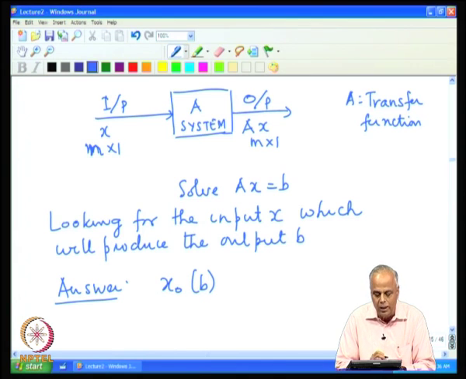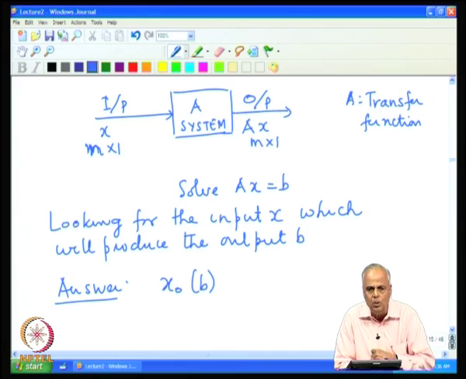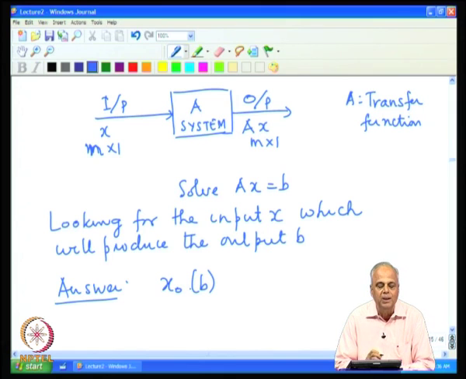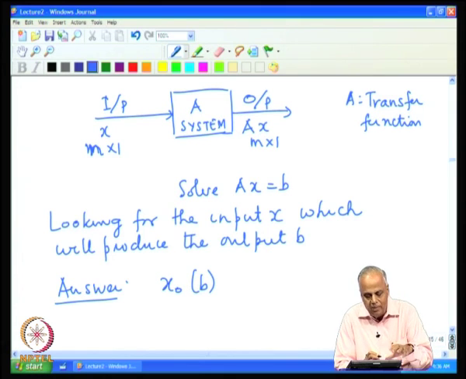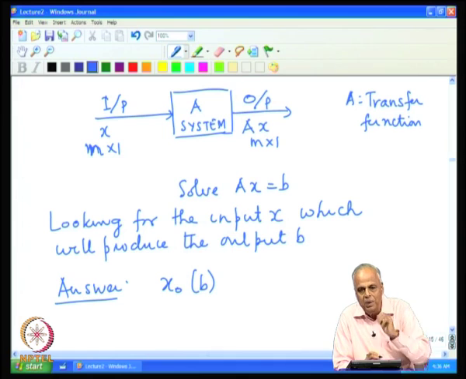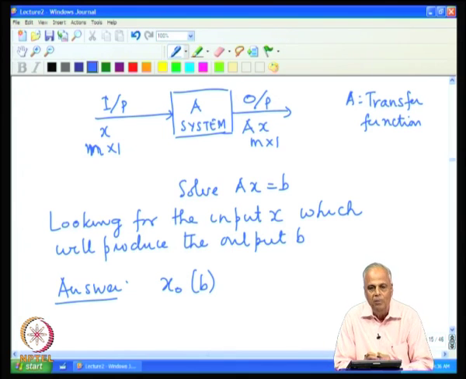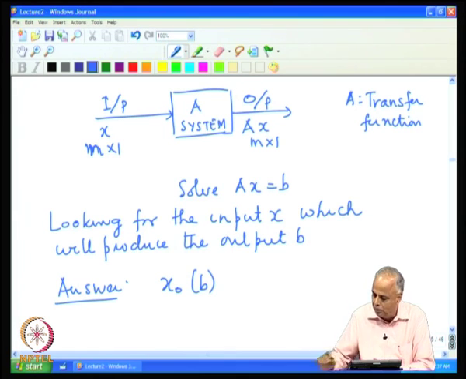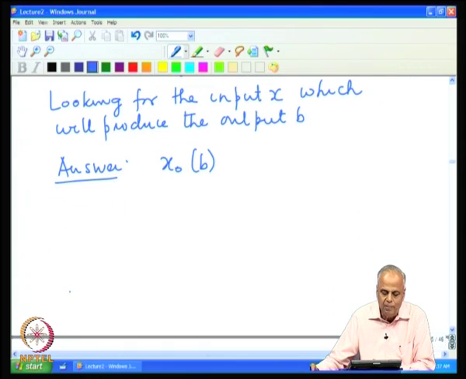Whenever there is no input x which produces the output b, then we will be looking for inputs which will take you as close to the required output b, that is, that minimizes the error. So, whenever there is a unique minimizer or the unique least square solution, that input will be the x naught b. Whenever there are several inputs which give the same minimal error, then x naught b will be the unique representative input. So, x naught b is our final answer.